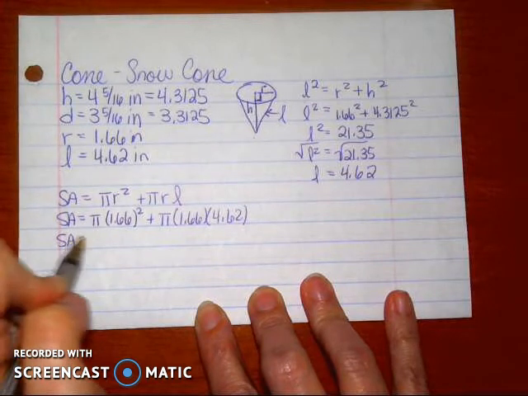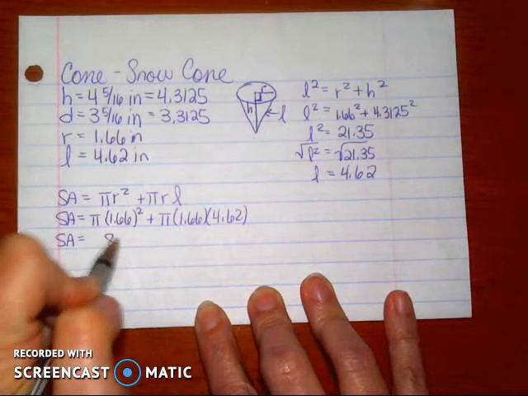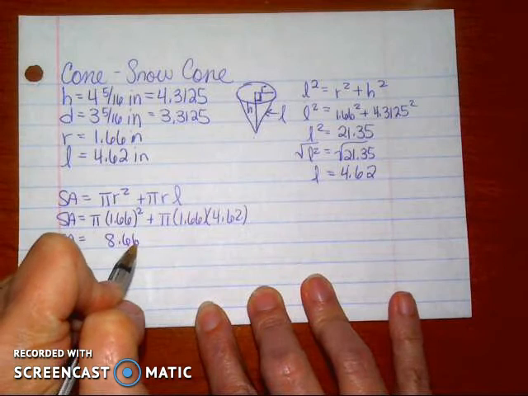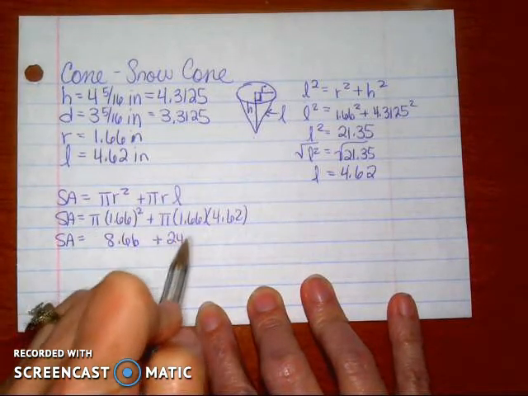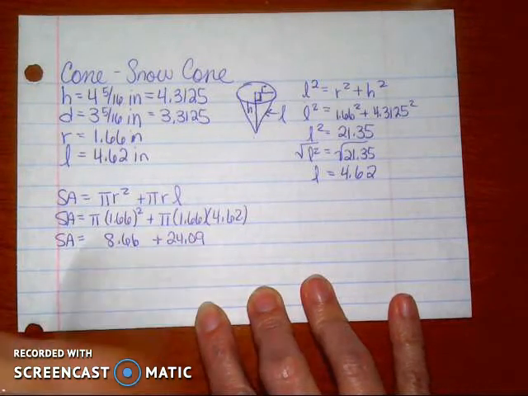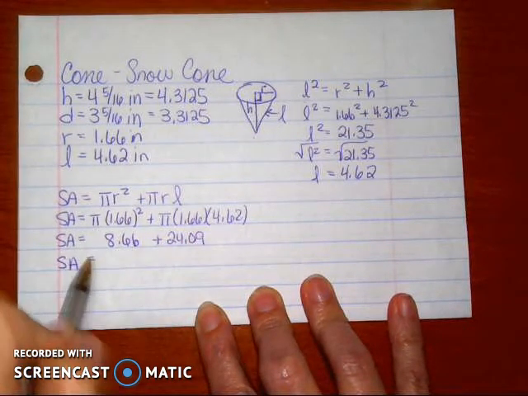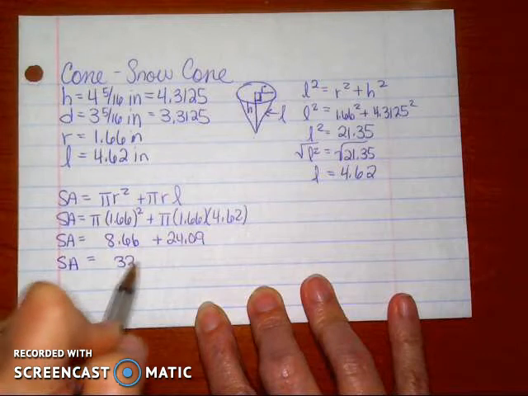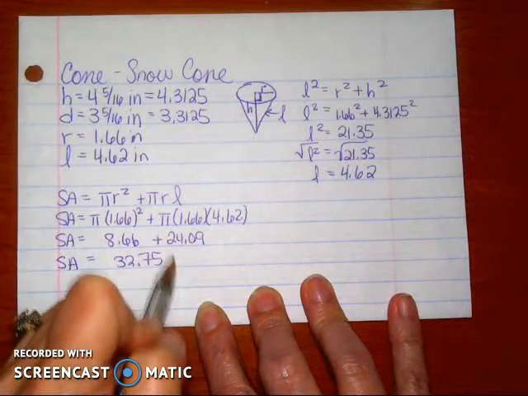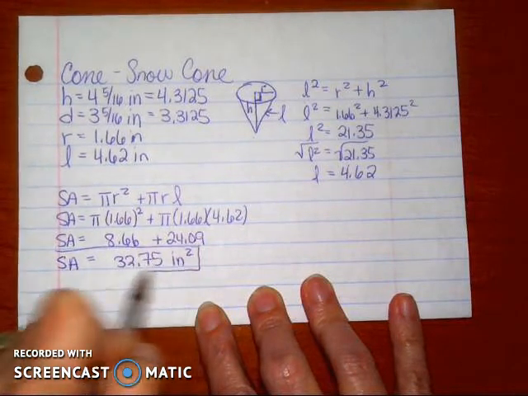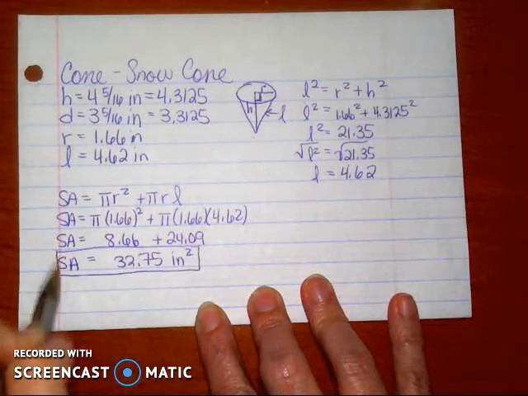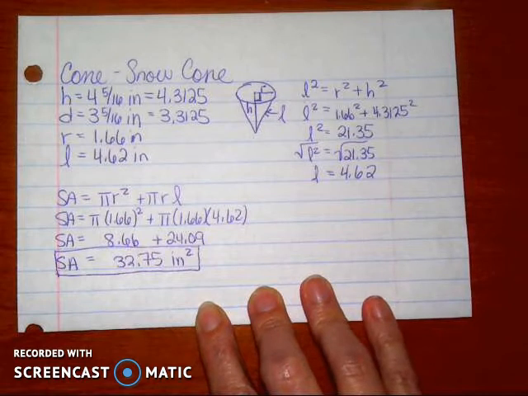My area of the base is going to be 8.66. The lateral area is going to be 24.09. And then altogether, my surface area is going to be 32.75 inches squared. Since I didn't measure it myself, I used the dimensions and the units that were given to me. So there's my surface area.